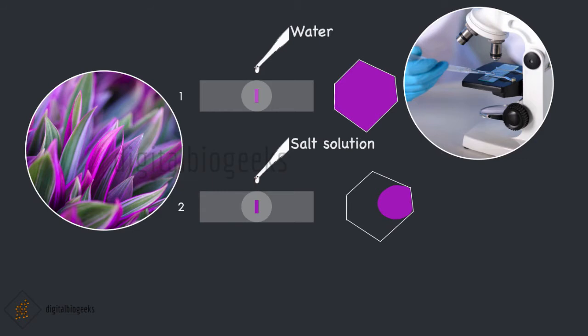We can see plasmolysis here. The cell is able to absorb water as it is alive.